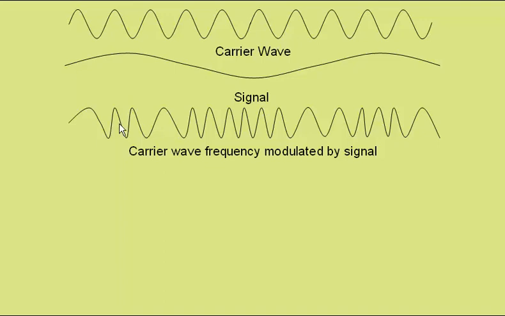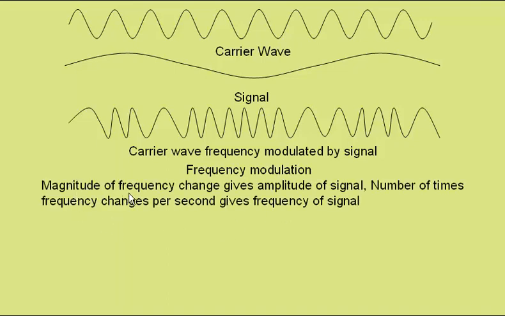You'll see that the frequency rises and falls as the amplitude of the signal rises and falls. This is called frequency modulation, or FM, and the magnitude of the frequency change gives the amplitude of the signal. The number of times the frequency changes per second gives the frequency of the signal.